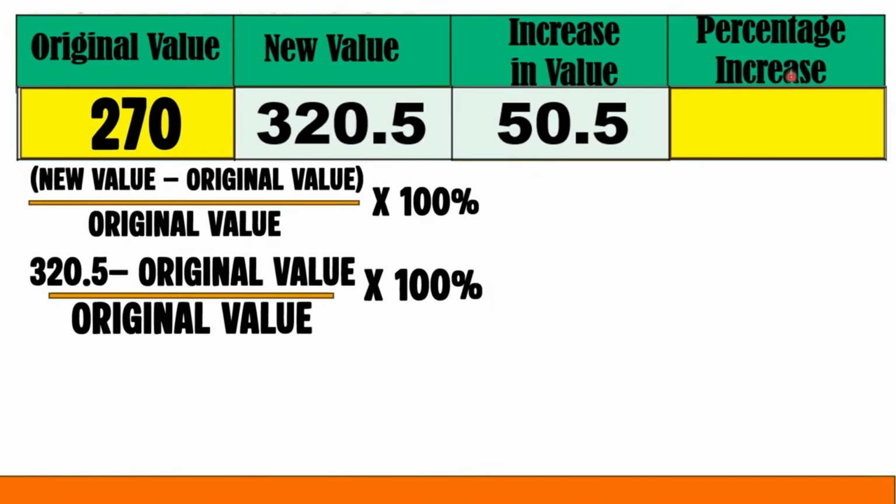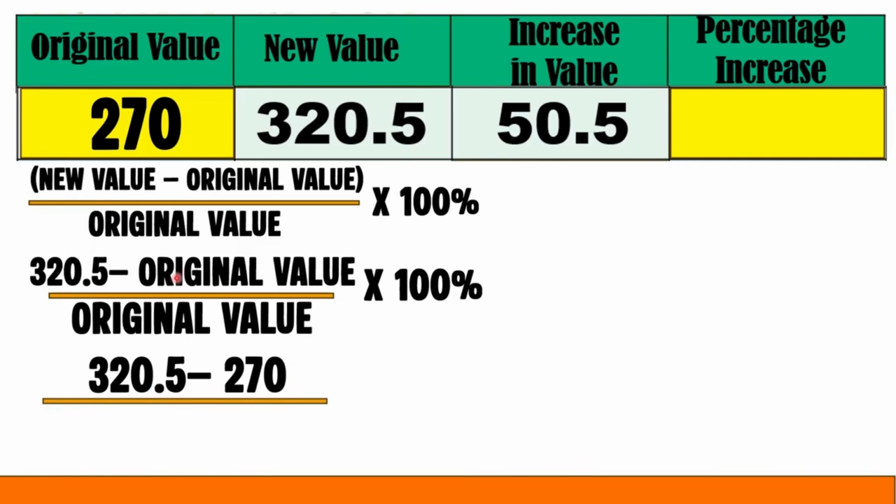To find the percentage increase, we use the formula: new value minus the original value divided by the original value. Let's substitute the values. New value is 320.5 minus the original value 270, divided by, again, the original value, which is 270, times 100.